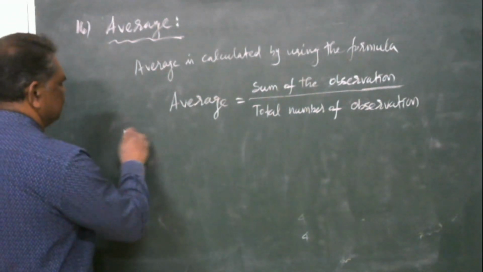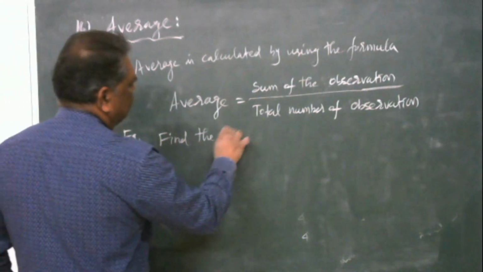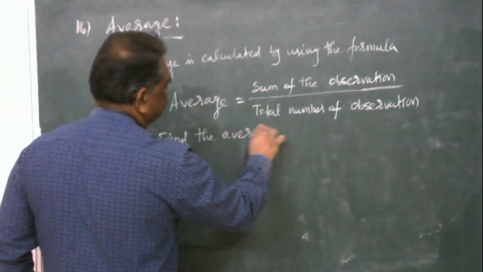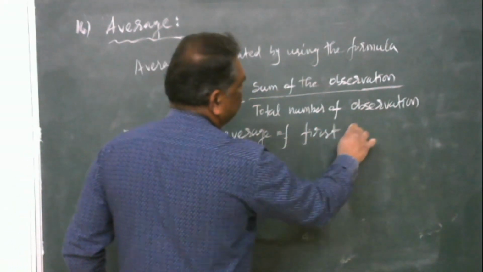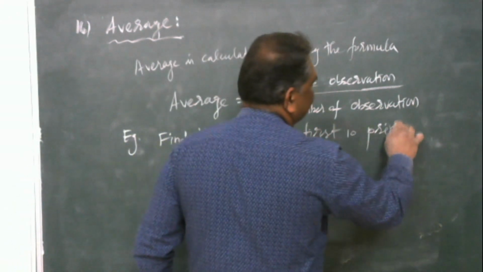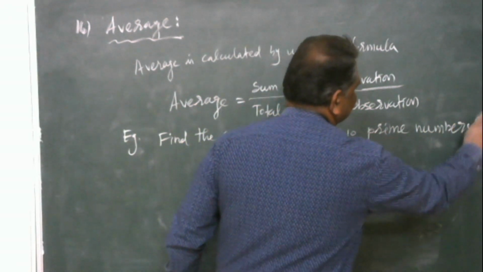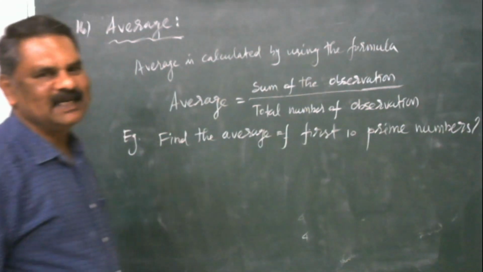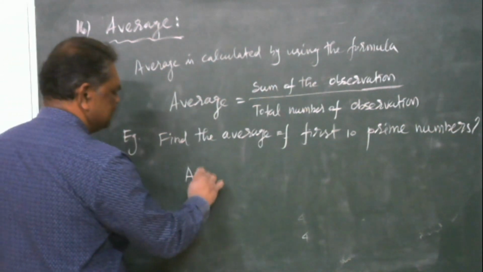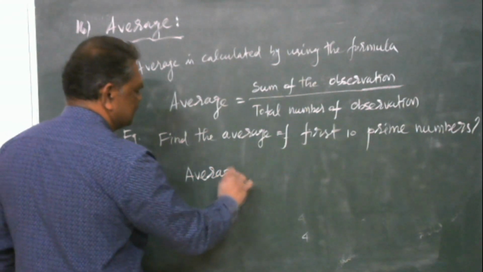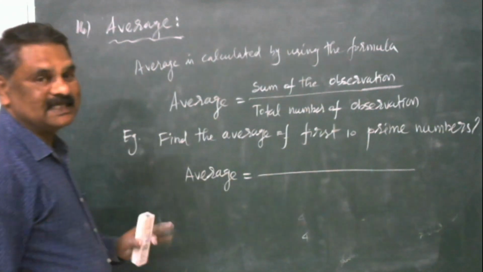One example, find the average of the first 10 prime numbers. Let me recall the first 10 prime numbers and I will find the average. So average is given by, we need to add all the first 10 prime numbers.